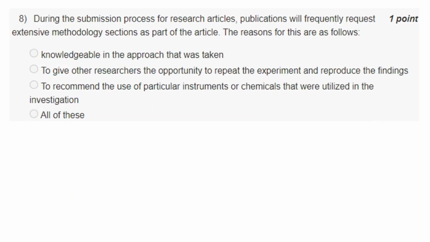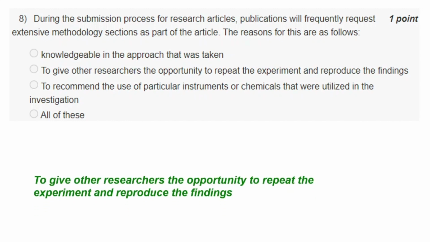Okay. During the submission process for research articles, publications will frequently request extensive methodology sections as part of the article. The reasons for this are as follows. This also we discussed. But anyway, anybody? Second option. Correct. To give other researchers the opportunity to repeat the experiment and reproduce the findings.